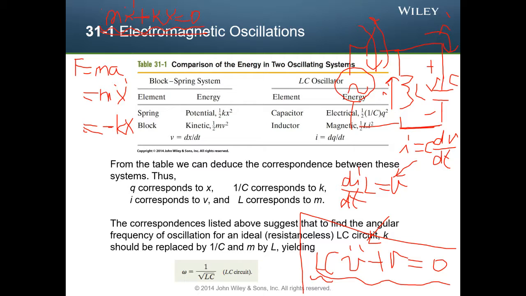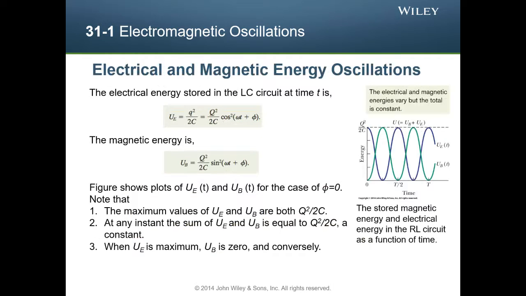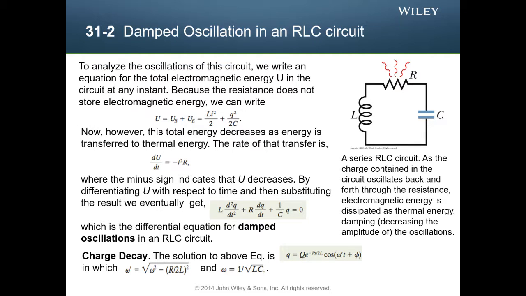So you substitute v to be 1, so LC s squared plus 1 equals 0, so that you get two complex roots, a complex conjugate root. And of course, the answer is a sine or cosine function. So you write it like this.